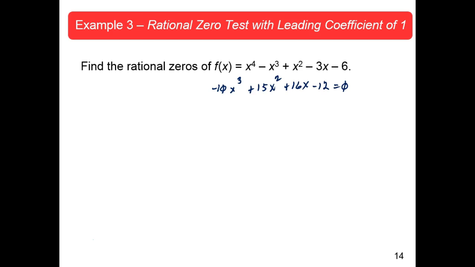How would you find all the real zeros? Well, one thing you certainly can do is try factoring. This one does have 4 terms. You could try factoring by grouping.